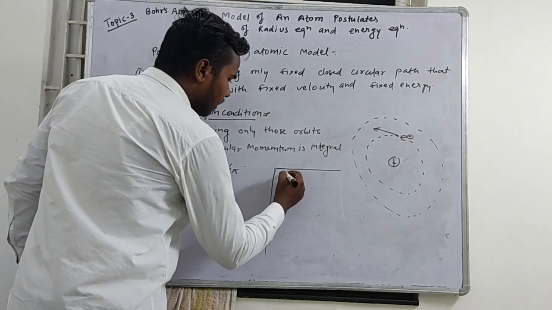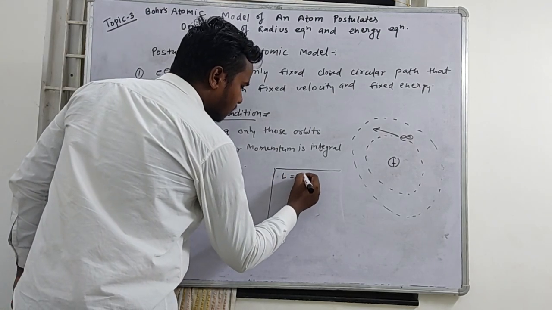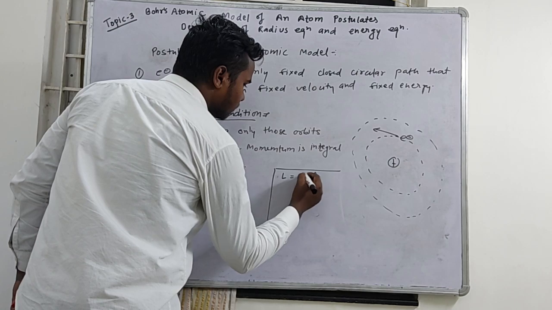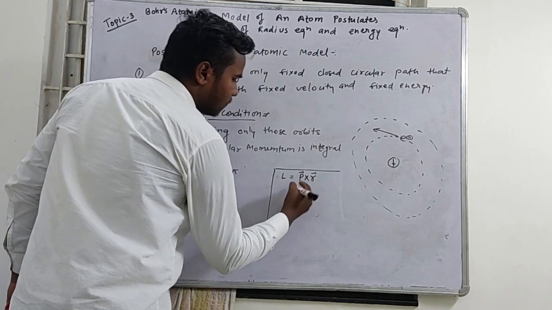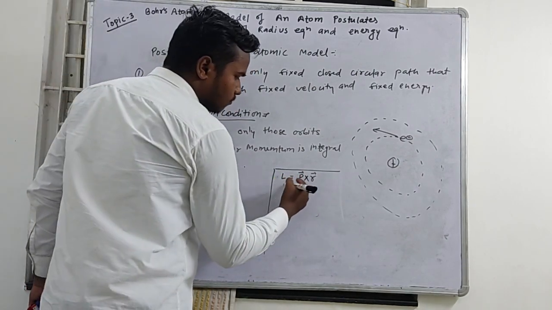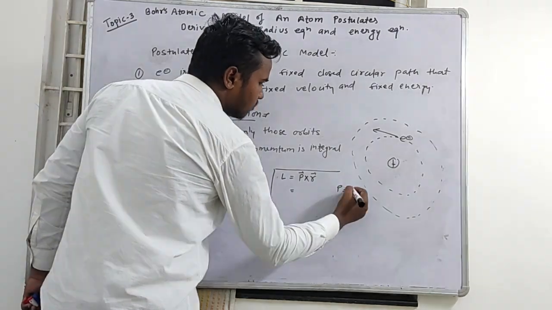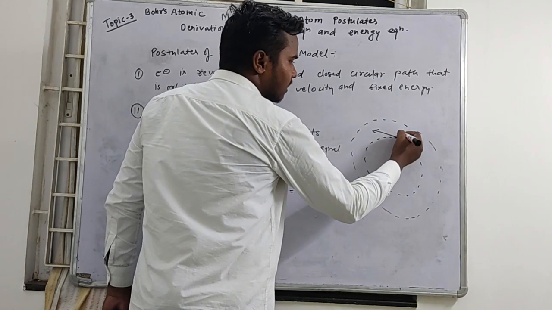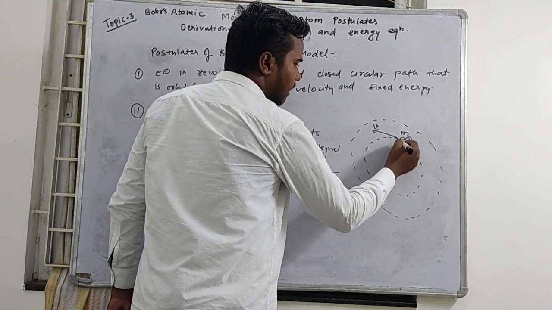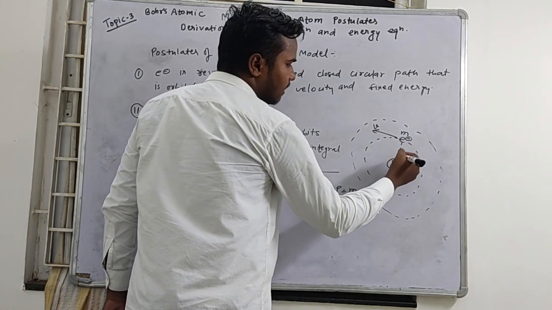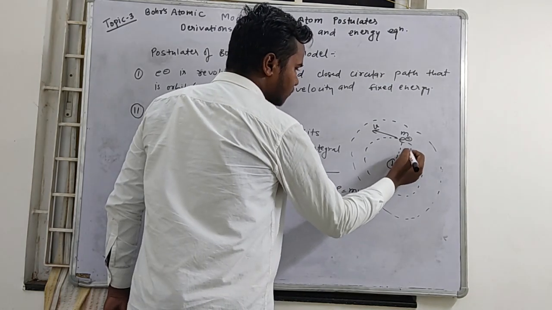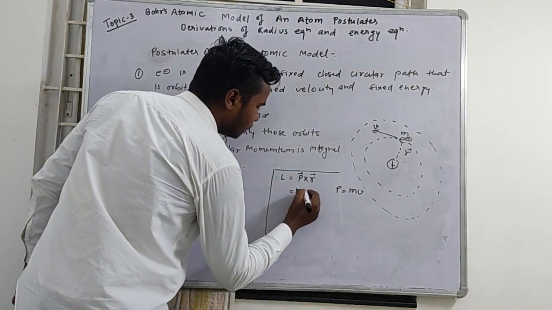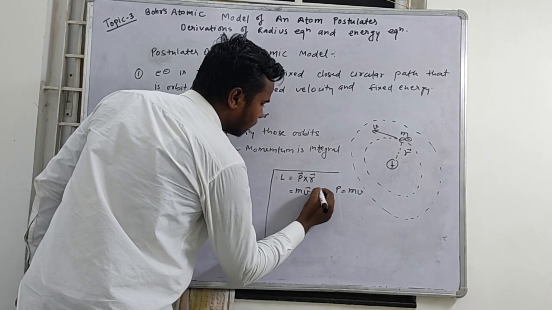We know that L is equal to P cross r vector. What is P? P is the momentum, and we know that P is equal to mv. If the electron has mass m and velocity v, and the radius between nucleus and electron is r, then L equals mv vector cross r vector.